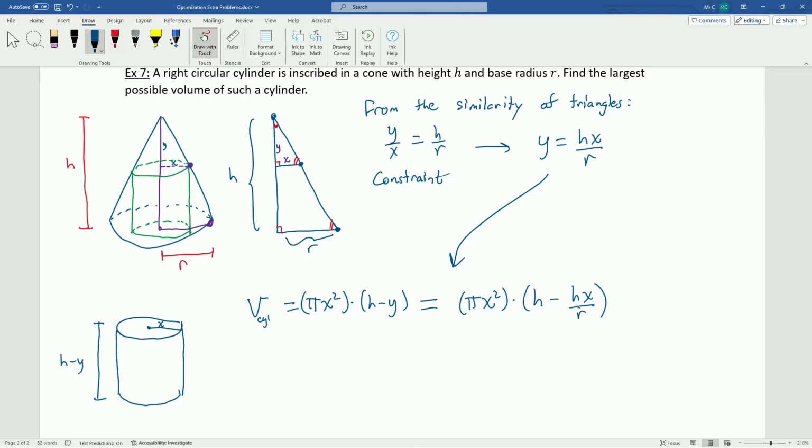Now I just need to rewrite this in a nicer way so that I can take a derivative. If I multiply this out, I get pi h x squared minus pi h, x squared times x, that's x cubed, over r.